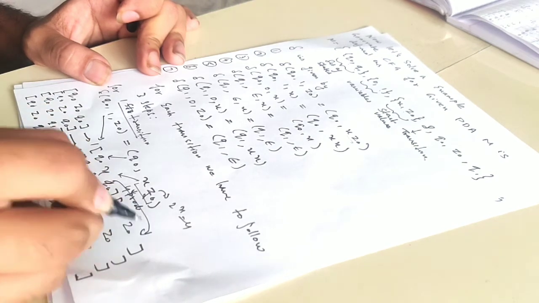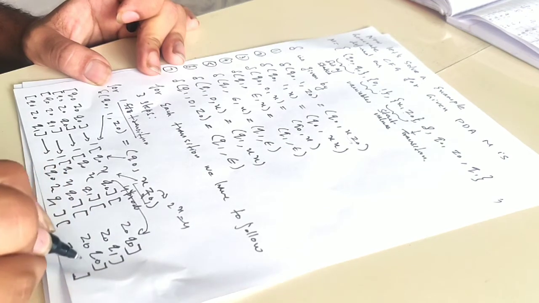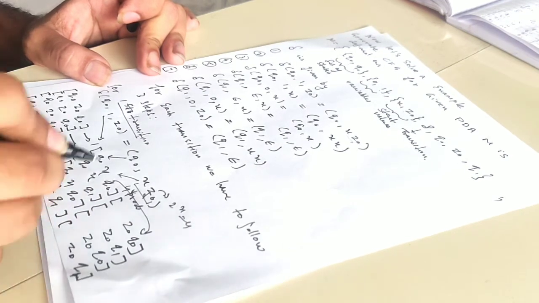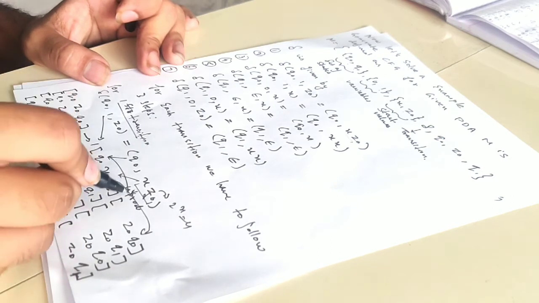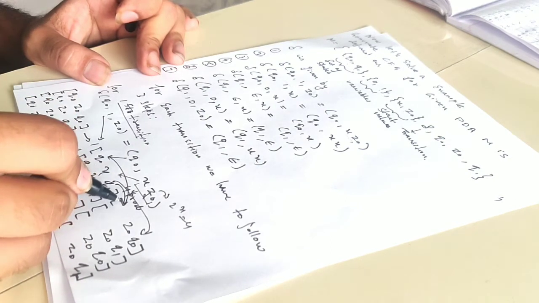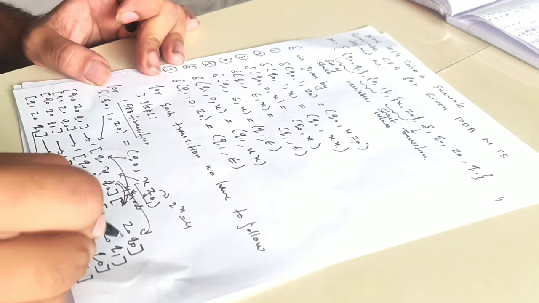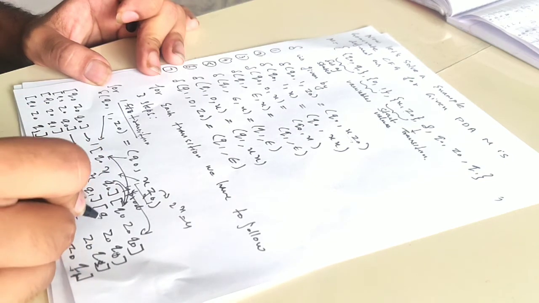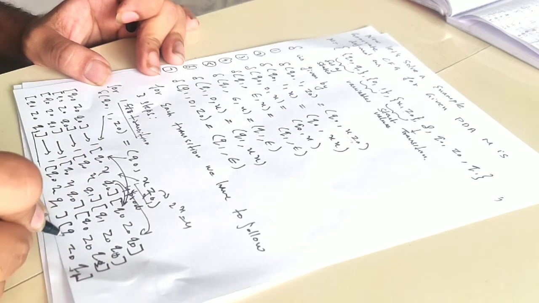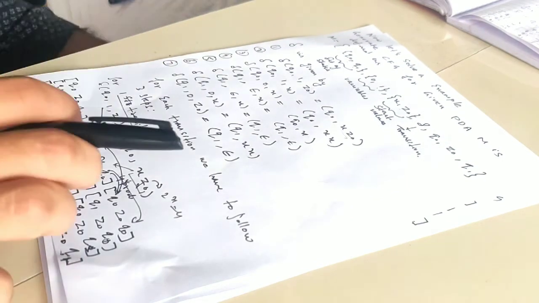These two values will always be the same, this one and this one. So here will be Q0, Q1, Q0, Q1. So with the help of rule 3 we have broken down this first transition.